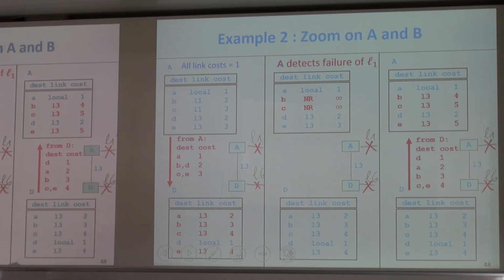But the next step, so might be, for example, that A detects the failure and then gets the update from D. This update, of course, was poisoned by the wrong values that were sent from A before the failure. So D is now resending to A what A had said before, which now A is happy to say, oh, now I have a link to C, which is at a distance of 4 plus 1 equals 5.